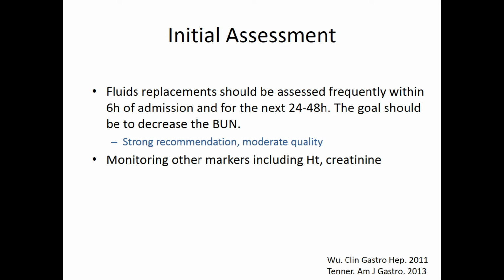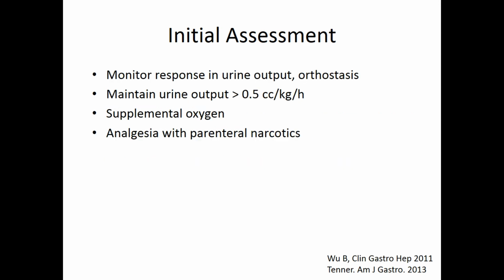You need to stay on target, because this is really how you assess how well you're doing with your hydration. You also want to make sure you're monitoring the urine output and the orthostatic vital signs. You want to maintain a good urine output. You supplement oxygen, and of course, you want to consider good analgesia with parenteral narcotics because acute pancreatitis is very, very painful.